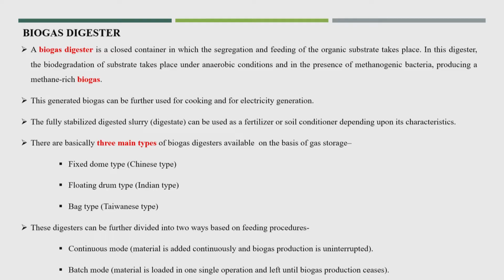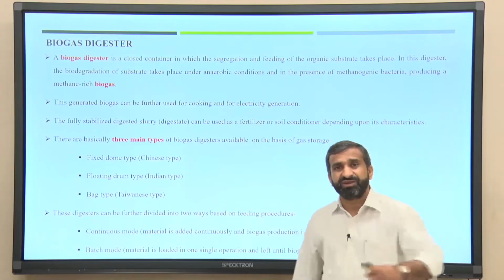These digesters can be further divided by operating mode. In the continuous mode, the material is added continuously and biogas production is uninterrupted. Continuous means the substrate is added into the reactor 24 hours a day.